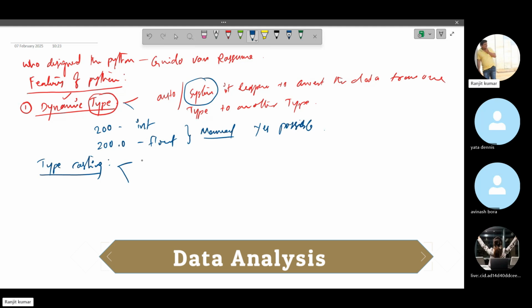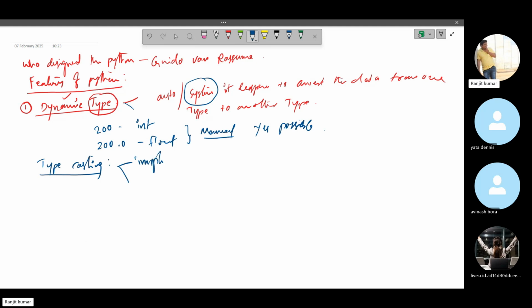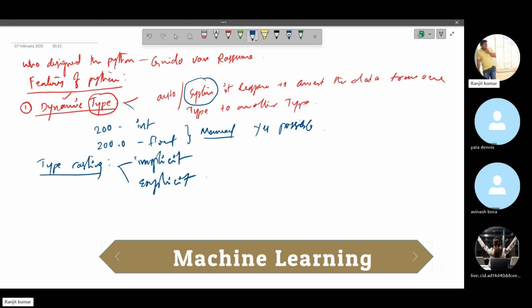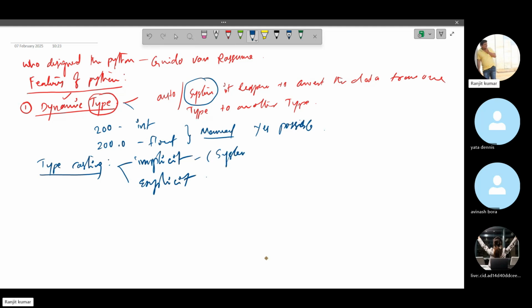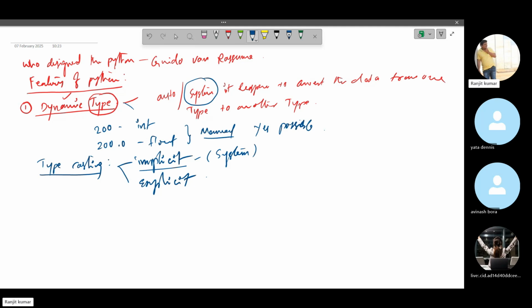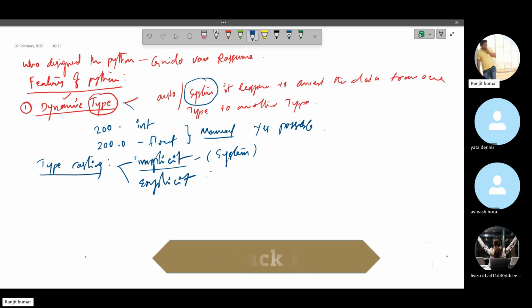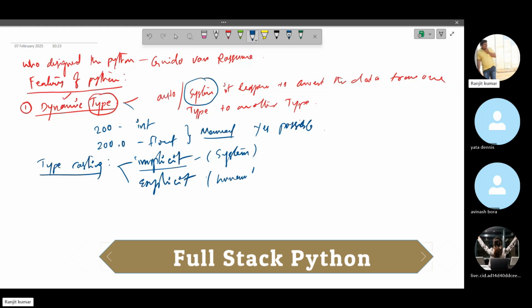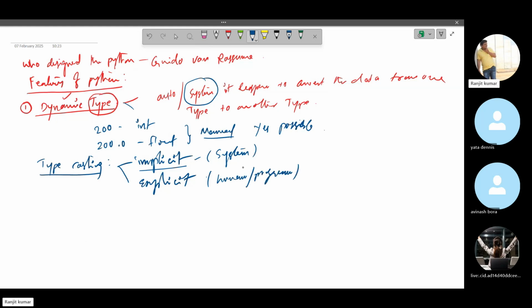One is implicit typecasting, and another one is explicit typecasting. What is implicit? When the system itself converts the data type, that is called implicit typecast. But when a human or a programmer converts the data type, that is called explicit.